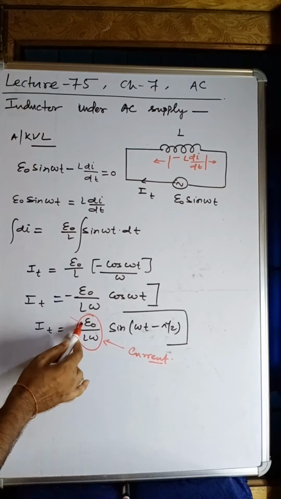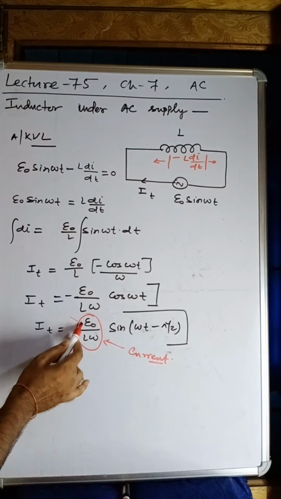It is similar to the resistance offered by the inductor. Its SI unit is also the same as resistance, which is ohm, and this is called XL, inductive reactance, which is L into omega.